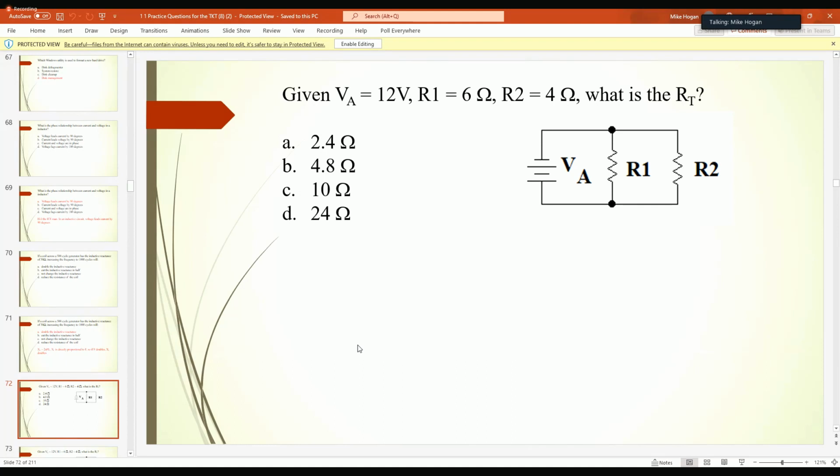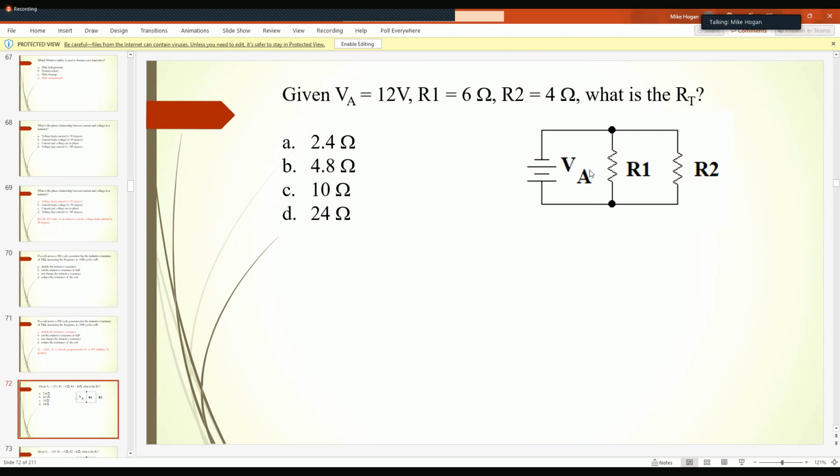In a parallel circuit, right? This is parallel. 2.4. Let's not forget that in parallel, the total resistance is always going to be smaller than the smallest. My smallest resistor was 4. The only answer that works is 2.4.